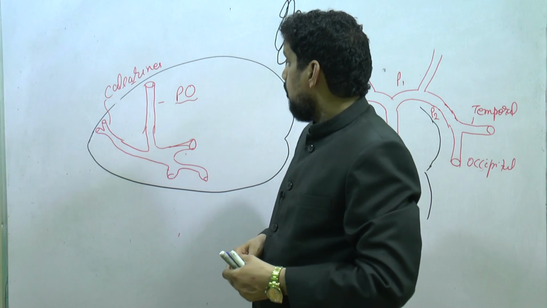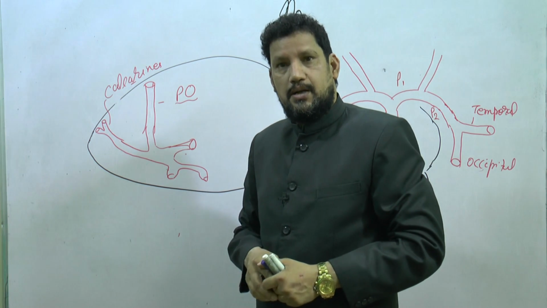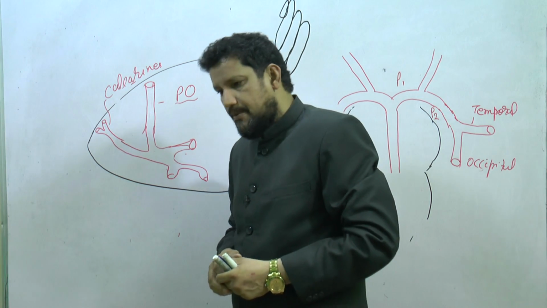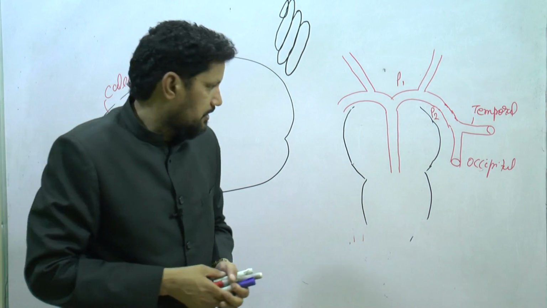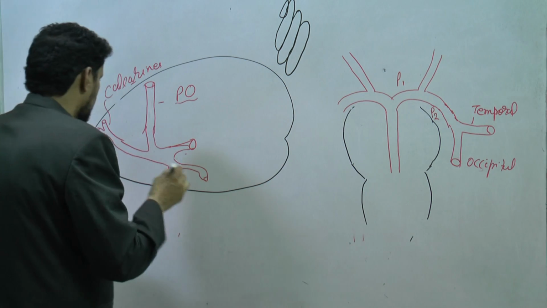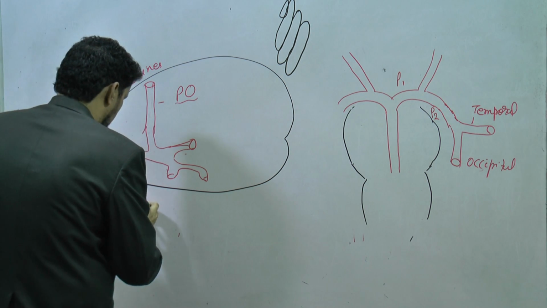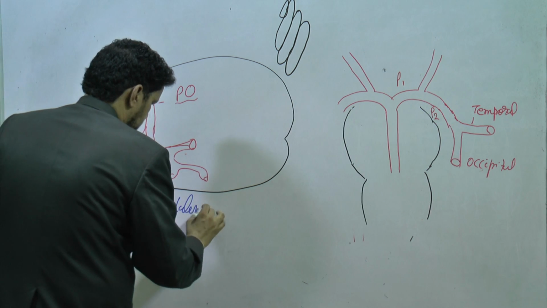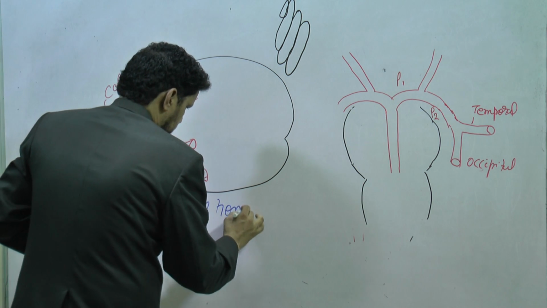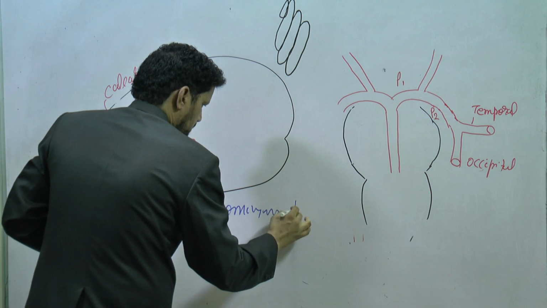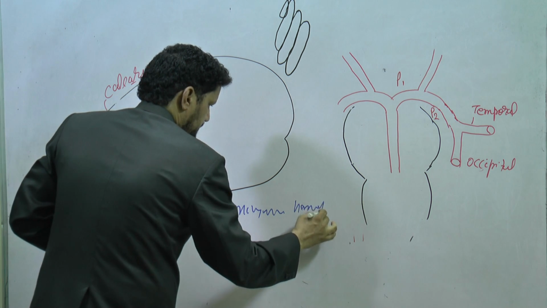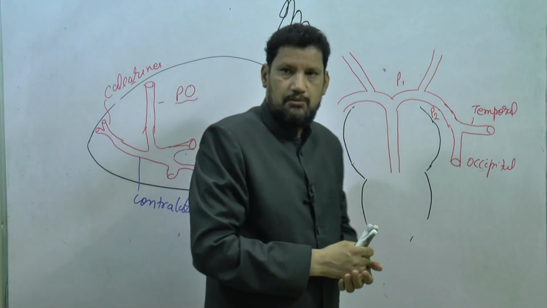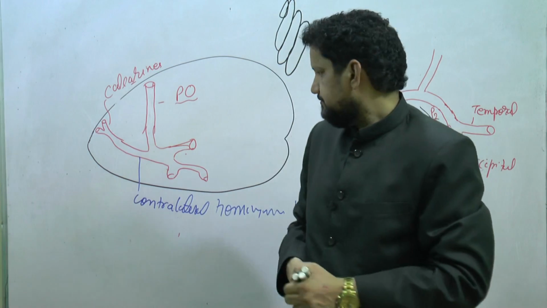When this artery is occluded or ruptured, it can lead to contralateral homonymous hemianopia, but the macular vision remains intact.